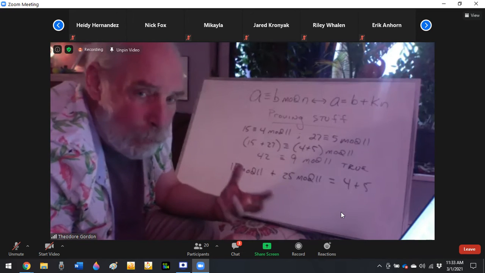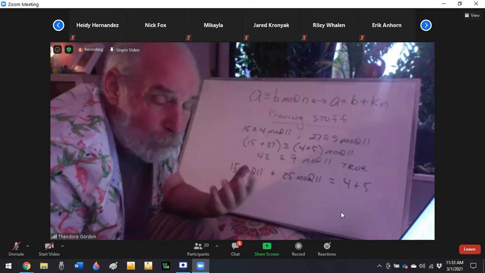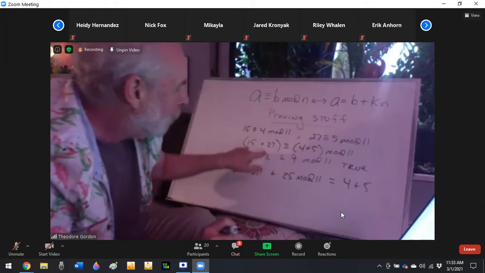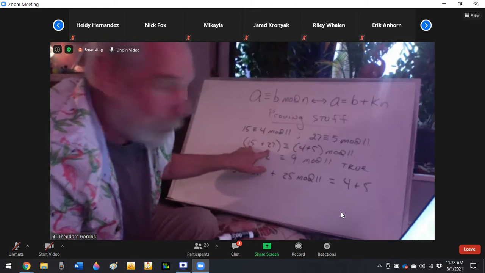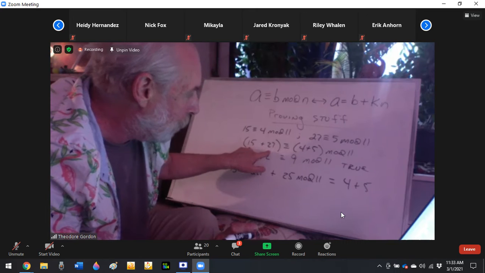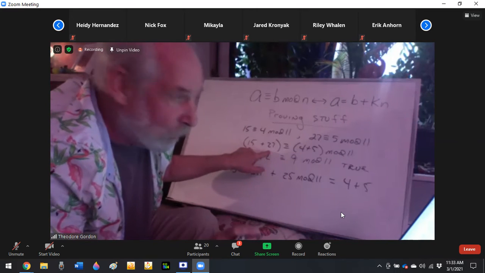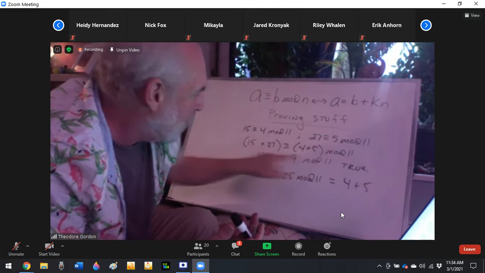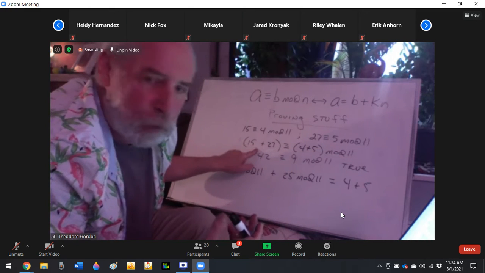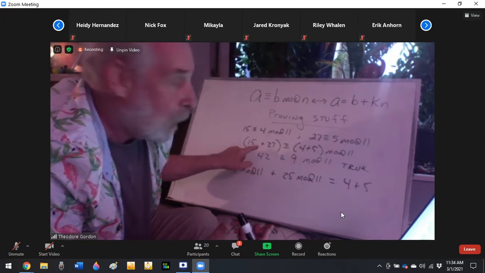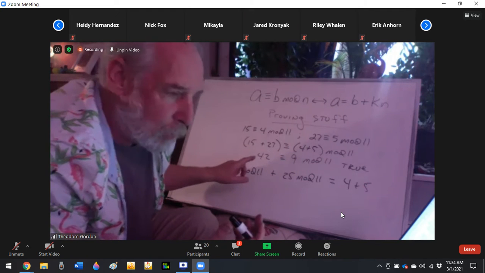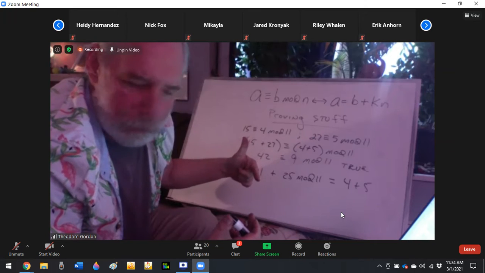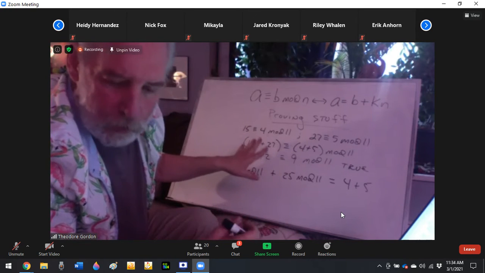And why is that important? That saves processing time. Human processing time, instead of adding, now these aren't big numbers, but if these were really big numbers, instead of adding those together and then going through the tedium of dividing by this, you can reduce them each separately first. And that makes not only human arithmetic easier, it makes for faster processing time in a computer. So the pattern here is this.